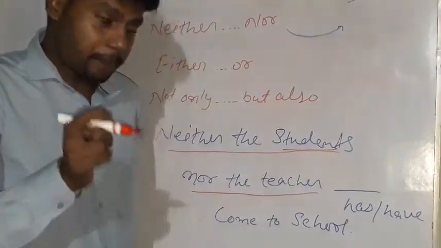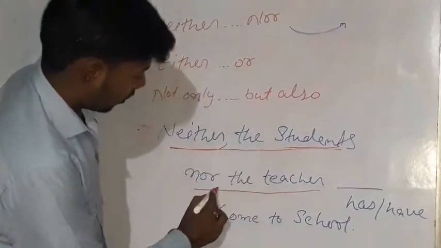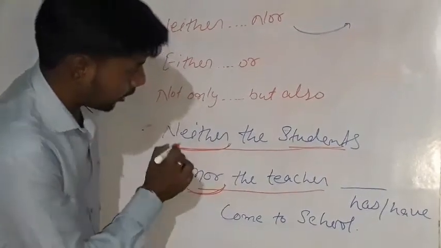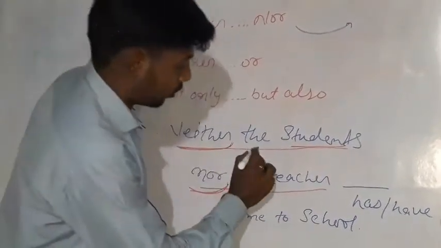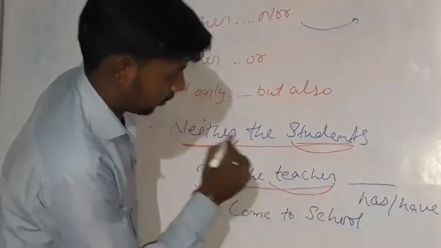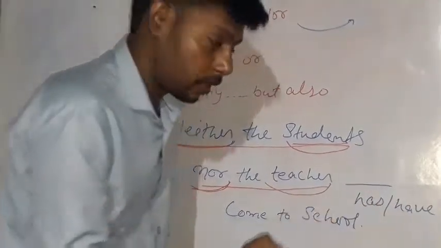In the subject part, neither and nor is a coordinating conjunction. It is joining two nouns, students and teacher.